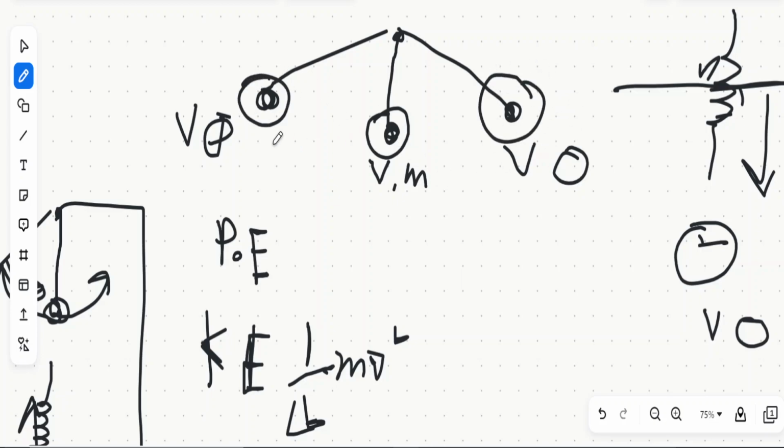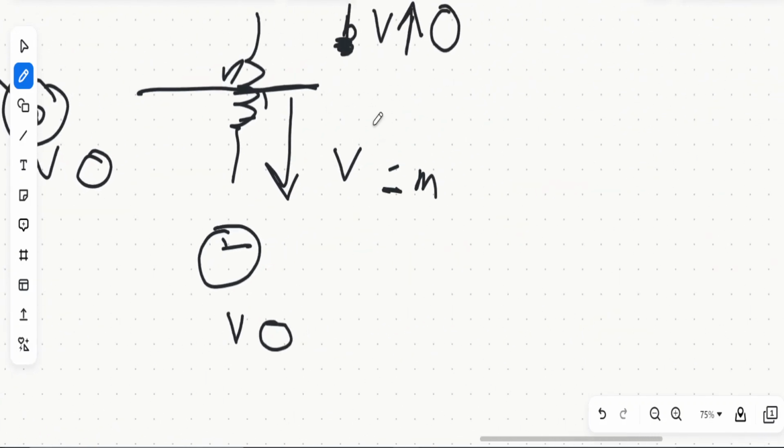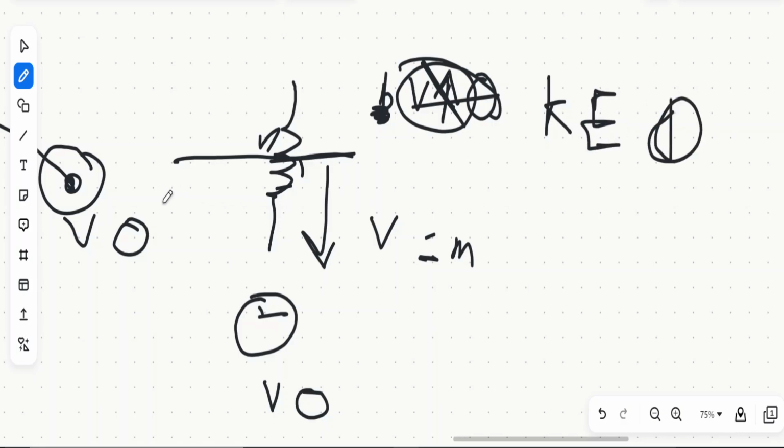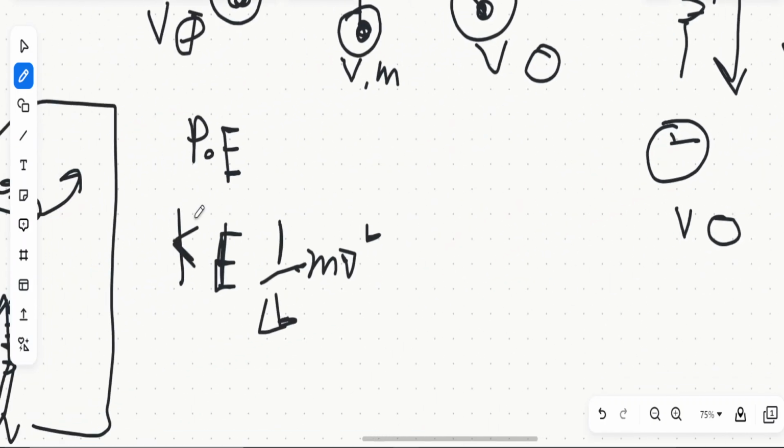At the very left and right, my kinetic energy would be 0. This is the same case in the spring scenario. When the spring is at its very top, velocity is, I told you, 0. So my kinetic energy would be 0 as well.